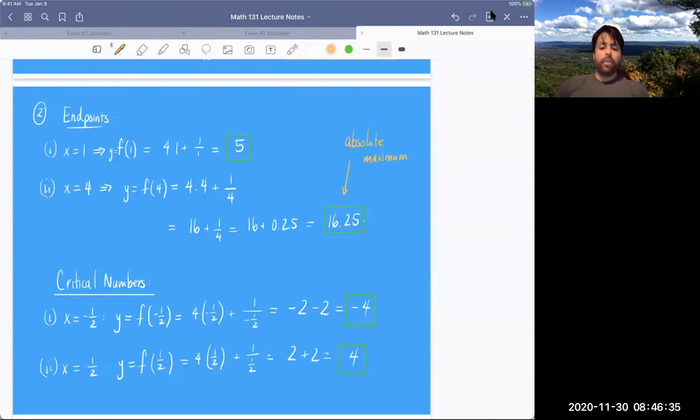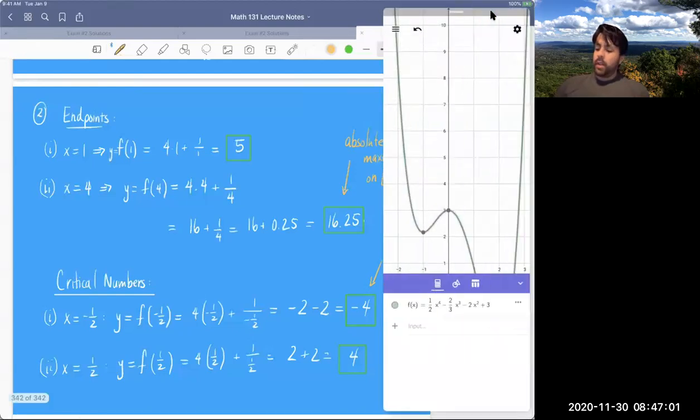And then negative 4 will be my absolute minimum because that's the smallest. And of course, it's absolute maximum on the interval 1 through 4, and this is the absolute minimum on the interval 1 through 4. And we're done.